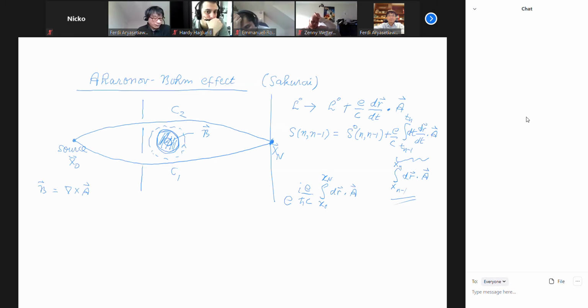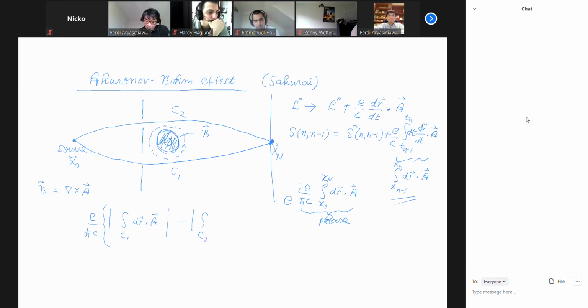So if I look at the phase difference between these two paths, then we find that this is just given by e over h-bar c times the integral from x0 to xn along C1 of dr dot A, minus the same along C2.